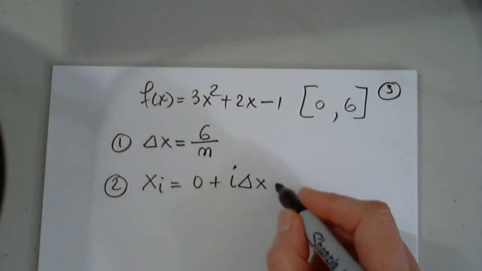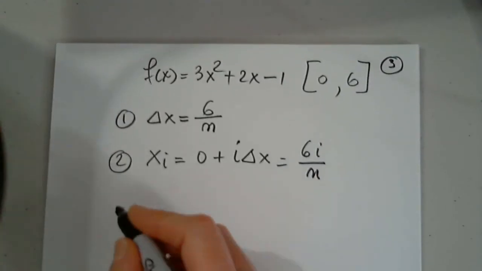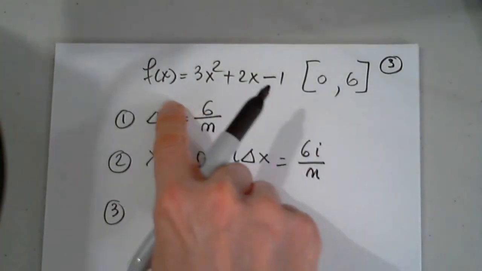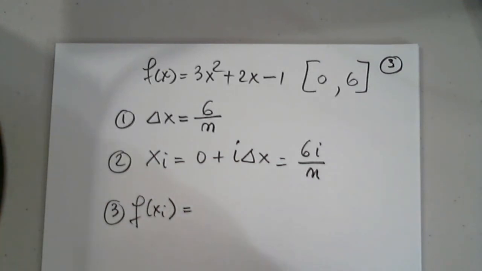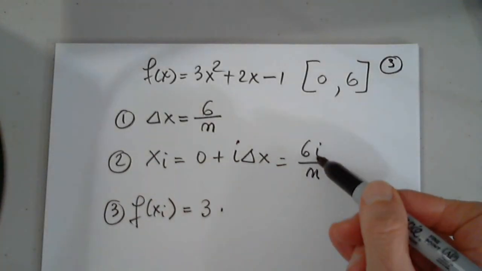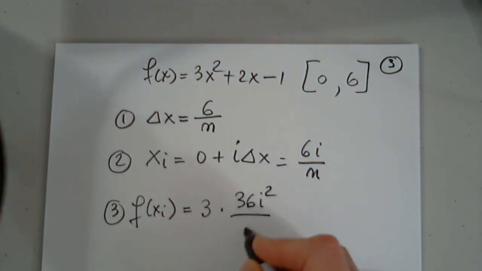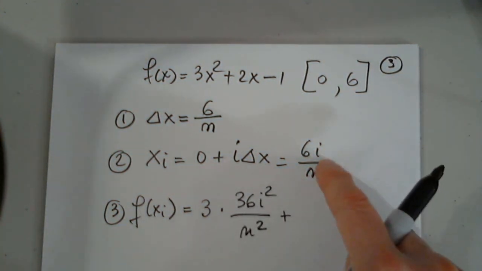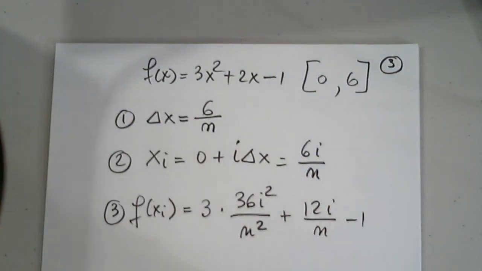But since it's 0, i times this is 6i over n. In step 3, I plug this in to get f of xi, which is 3 multiplied by 36i squared over n squared, plus 12i over n minus 1.